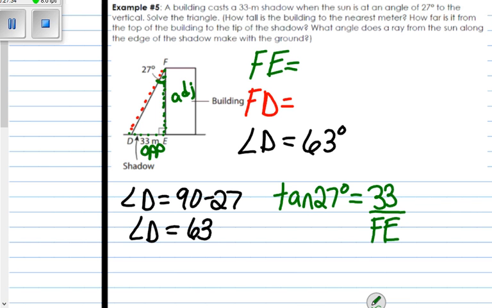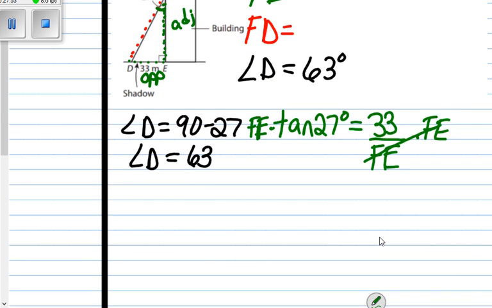Would that be times FE on both sides? So we'd multiply FE on both sides. And when we do that, what do we then have to do here? FE is not by itself. Now what do we have to do?